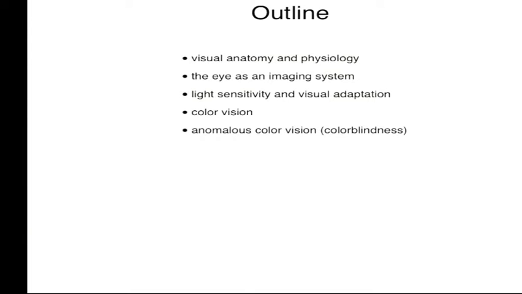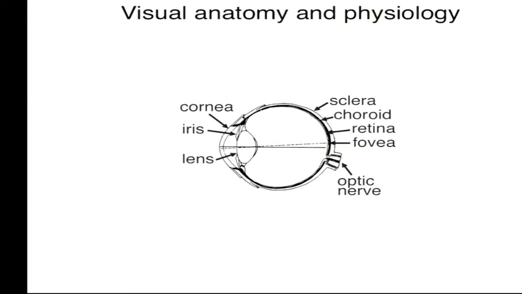All right, so this is what we're going to talk about this week. Basic outline of vision. Some of it you'll be familiar with, some of it you may not be. If there are questions, let me know. So, there's the eye. You all know the eye.